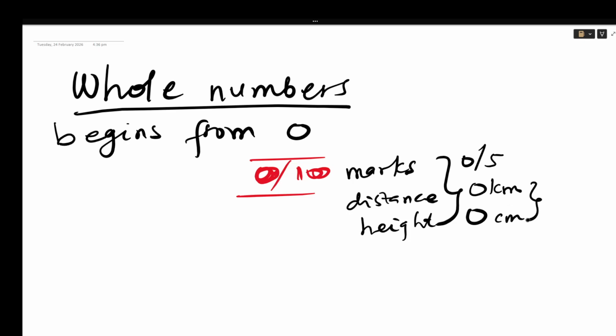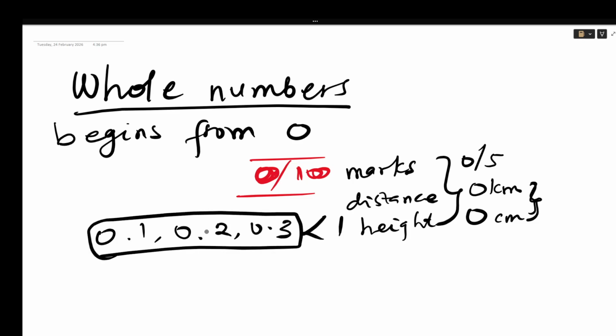Though these two are somehow tricky, the whole point of whole numbers is that they begin their count from 0. That's why we will have 0.1, 0.2, 0.3. All these are less than 1. Remember, 1 is the starting point of natural numbers.